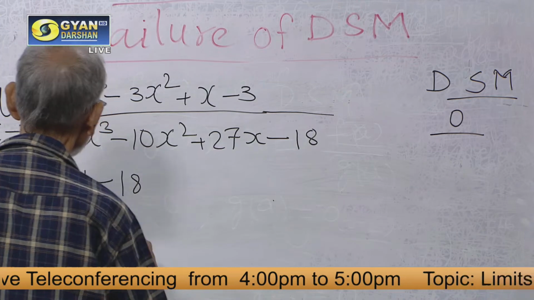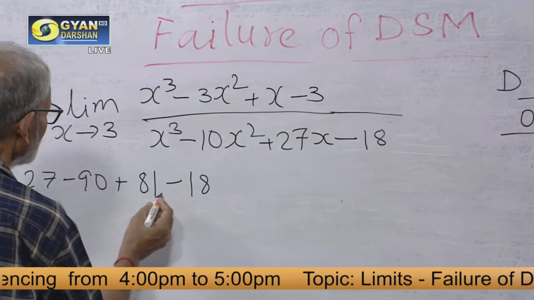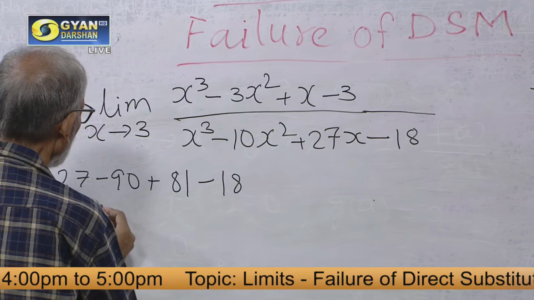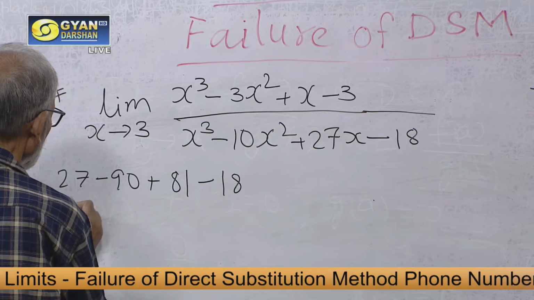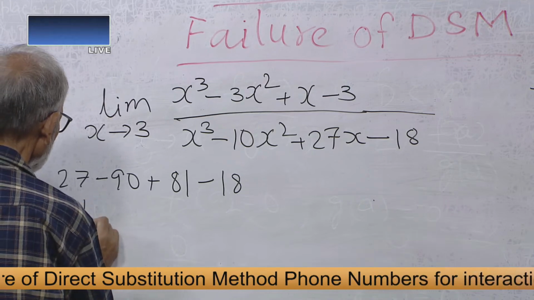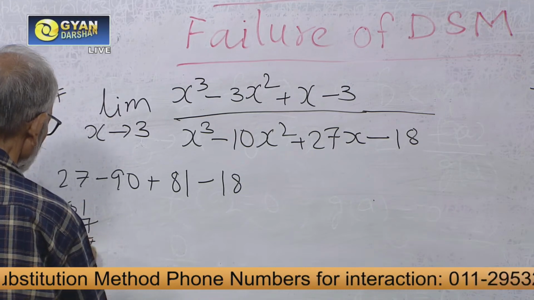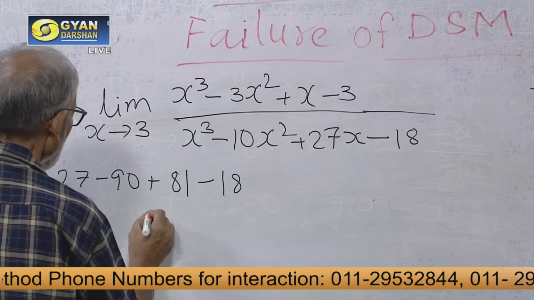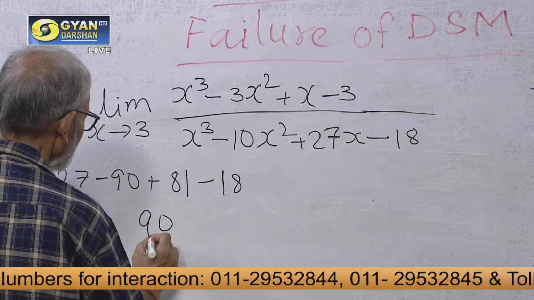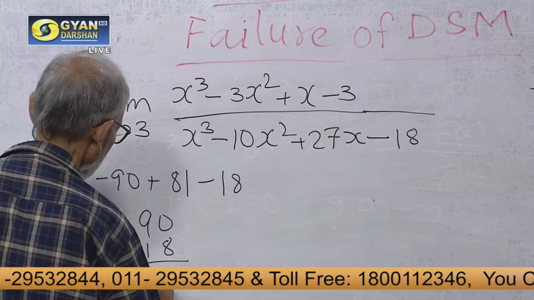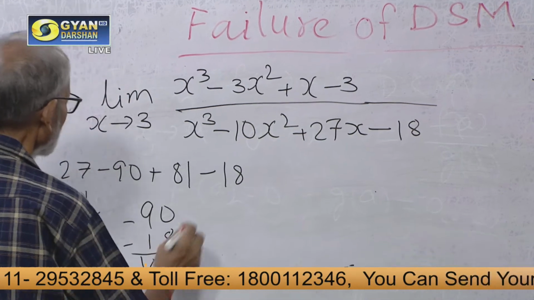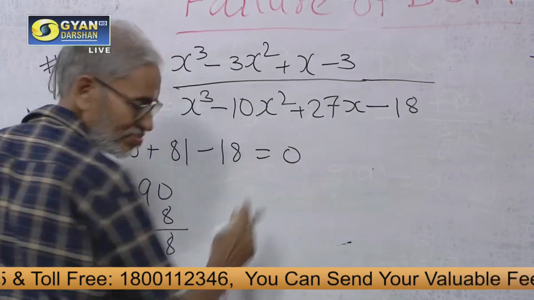So, you will find 81 plus 27, 108, and minus 90 minus 18, this is also 108. So, this will become 0.